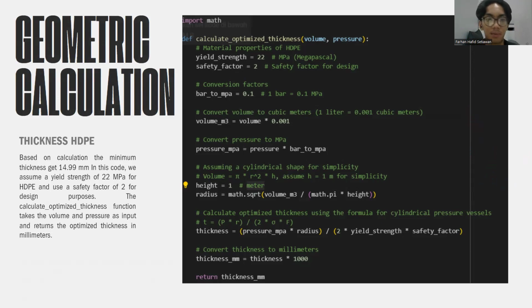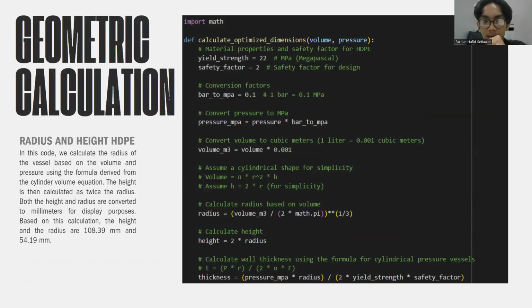Based on the calculation, the minimum HDPE thickness is 14.99 millimeters in this code. We assume a yield strength of 22 megapascals for the HDPE and use a safety factor of 2 for design purposes. The calculate optimized thickness function takes the volume and pressure as input and returns the optimized thickness in millimeters.